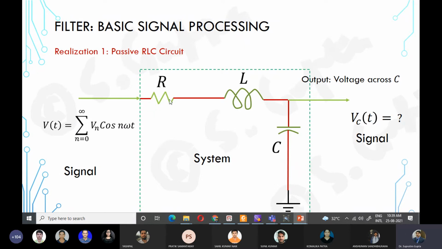Now you have already read about the RLC circuit, right, which is in series. Say I have connected a voltage, that may be VT, to some AC signal. I am just taking this and telling you that this voltage is applied.